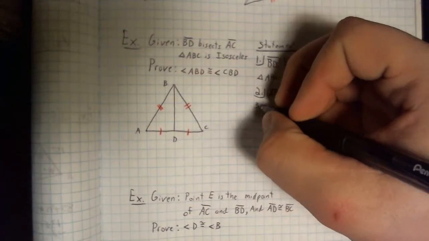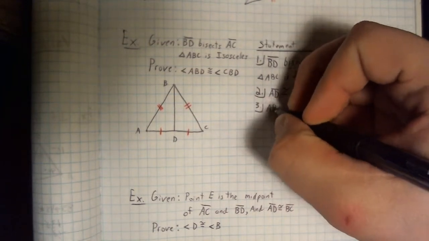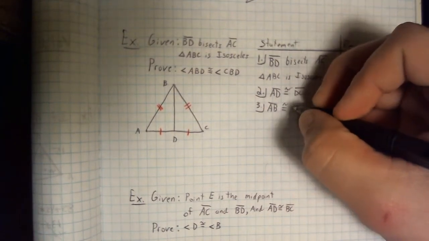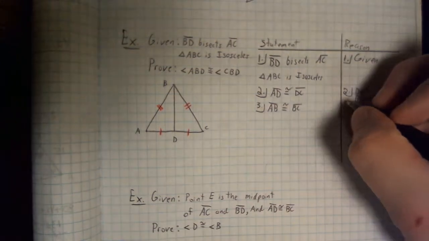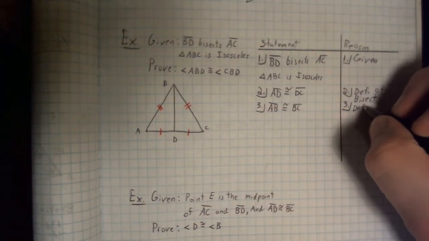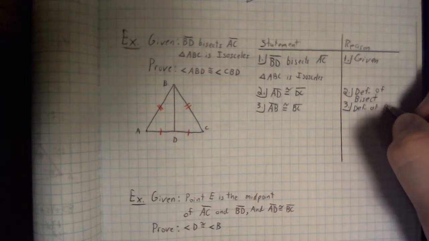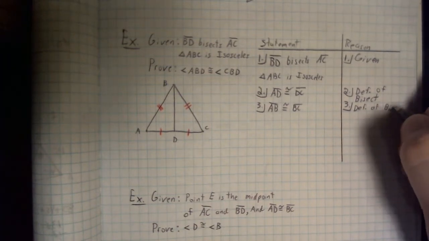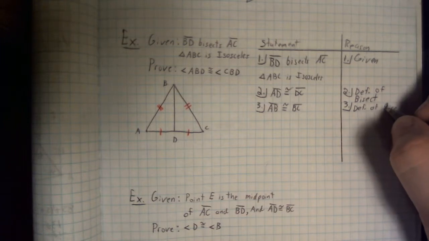So I will list that right here. AB is congruent to BC. The reason is that's also another definition of bisect. Oh, I'm sorry. Definition of isosceles.